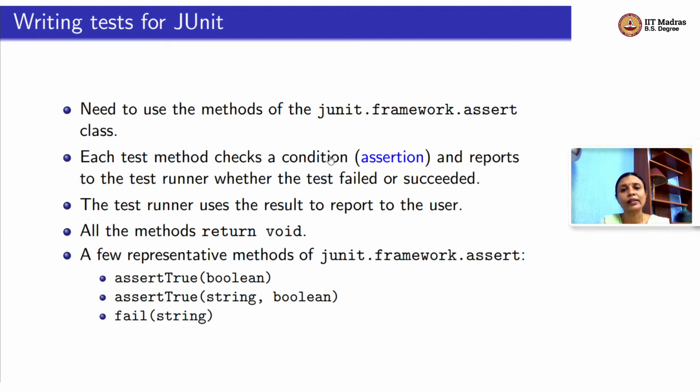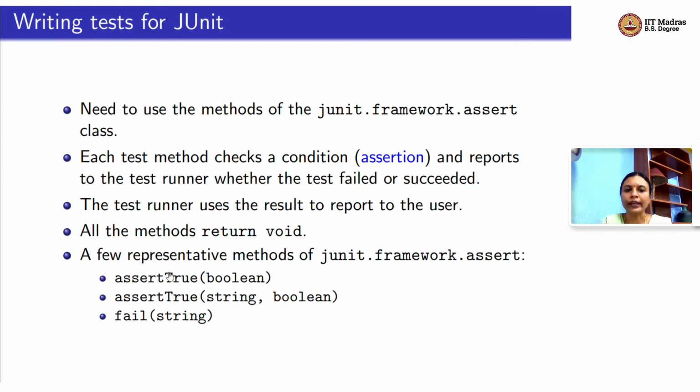You could write various kinds of assertions to check whether a particular test case has succeeded or failed. Test runner, as I told you, is basically used to report the results to the tester or the user. All the methods in JUnit will return void.